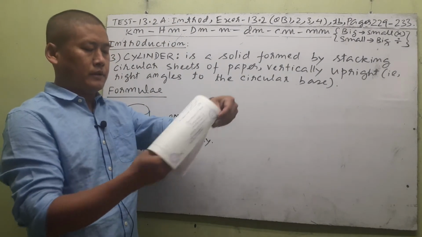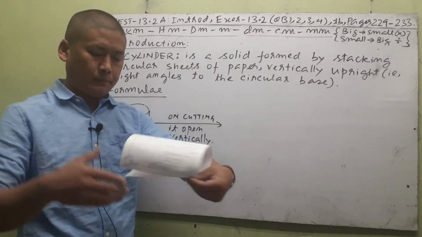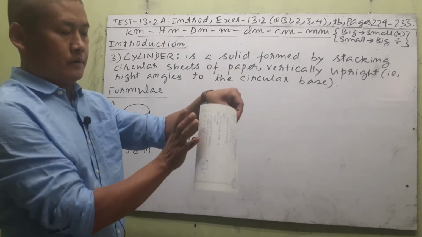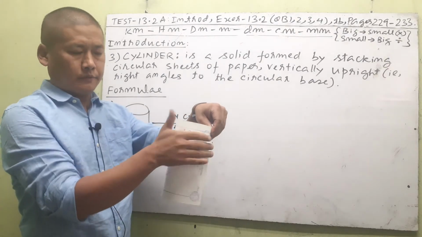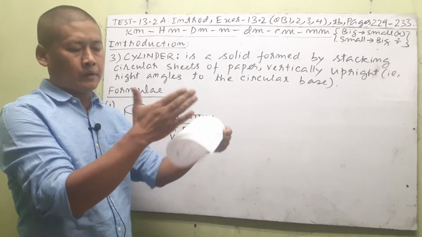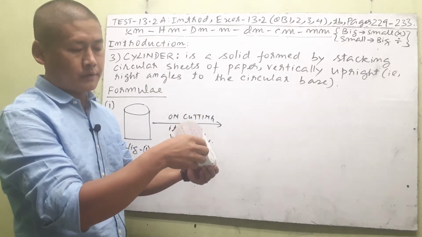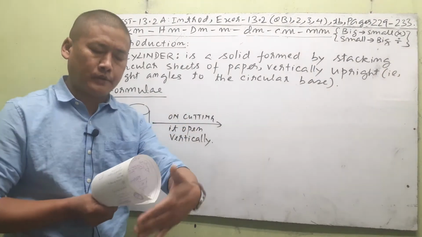So this is now exactly in the form of a cylinder, with the circular ends covered with paper. If you touch the surface here, it's curved, so this is called the curved surface area. If you touch the end which is closed by paper, it's flat, not curved, and the other end also is not curved.